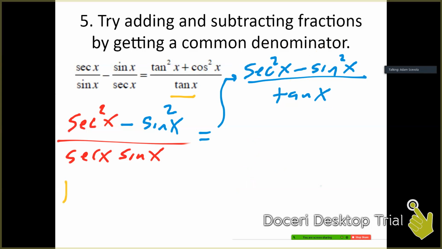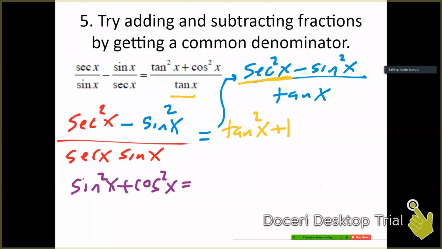So we know that tangent squared of x plus 1 is equal to the secant squared of x. So I could substitute that right in there, all right? So I can replace that with tangent squared of x plus 1, okay? And I know that sine squared plus cosine squared equals 1.